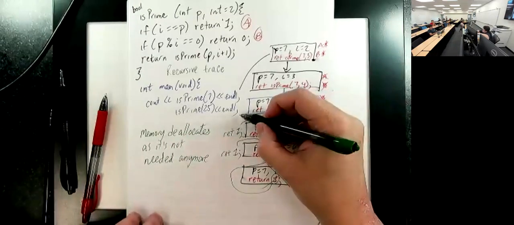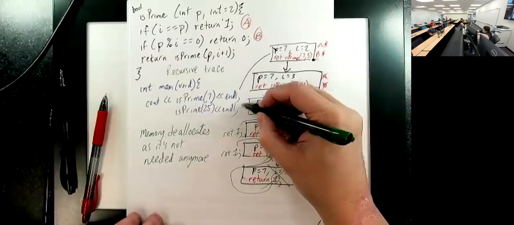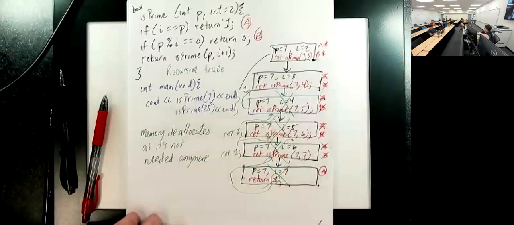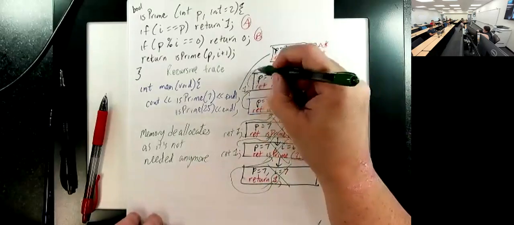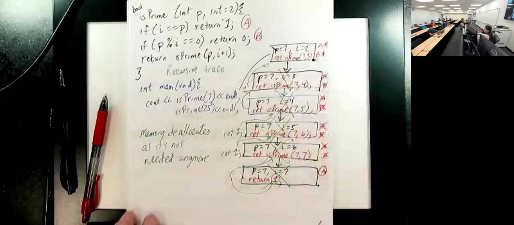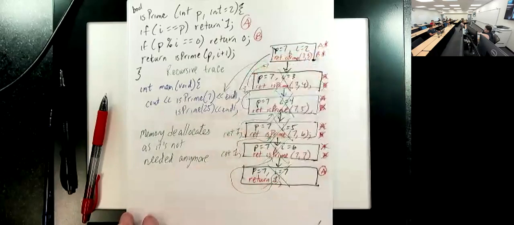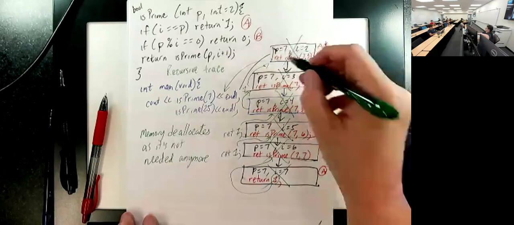This says return 1, so it sends a 1 up here, deallocates the memory. This one sends a 1 up here, deallocates the memory. This one sends the 1 back to the call. And that's why we got is prime 7, the 1 appeared. And then that one shuts down.